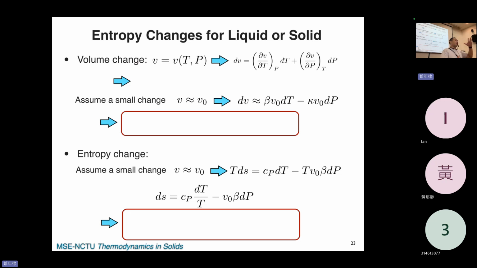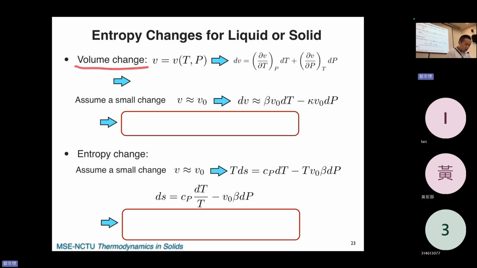You can imagine that when you heat up the gas, it will expand dramatically. But for the liquid, for the solid, if you heat it, it will change relatively small. Okay, so that's what we're going to see here.